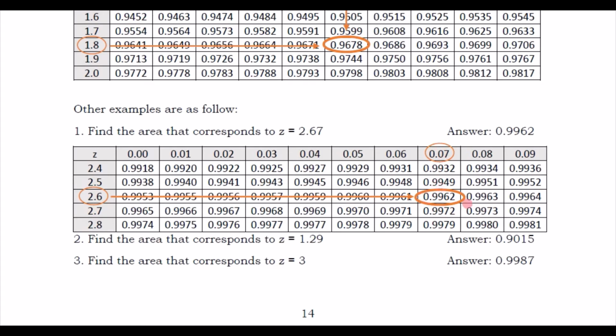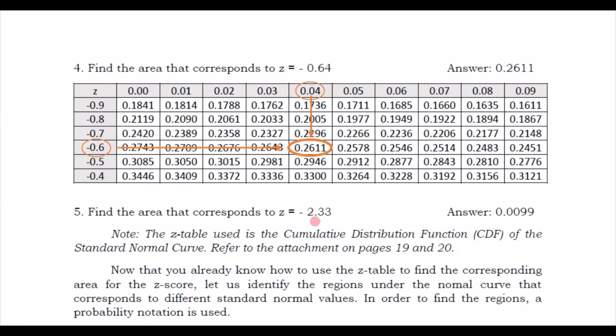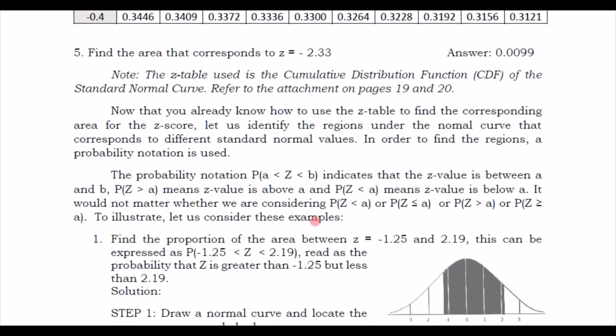Dito sa part na to. So, that is 0.9962. Kung i-convert natin into percent, that is 99.62%. So, that is the area that corresponds to Z is equals to 2.67. Ganun lang kadali gumamit ng table.